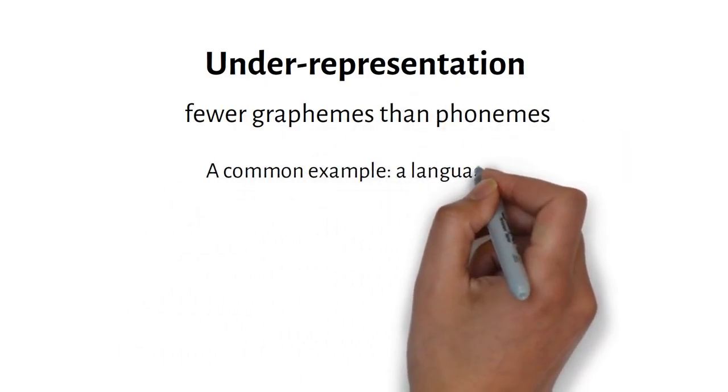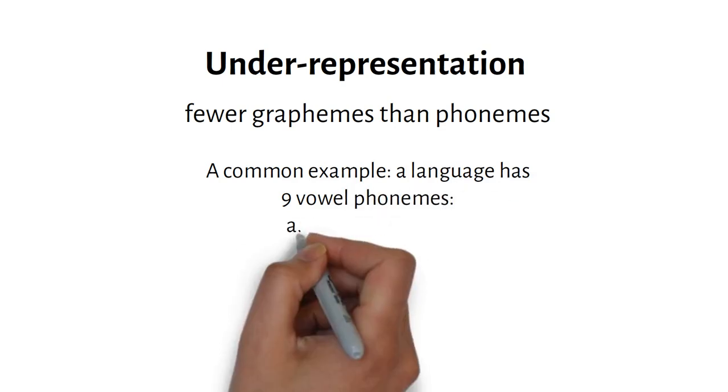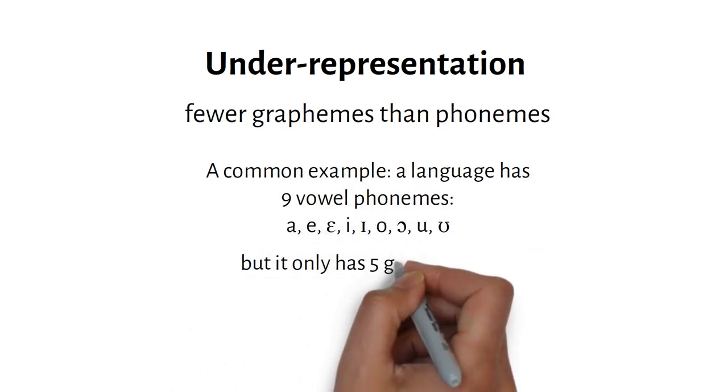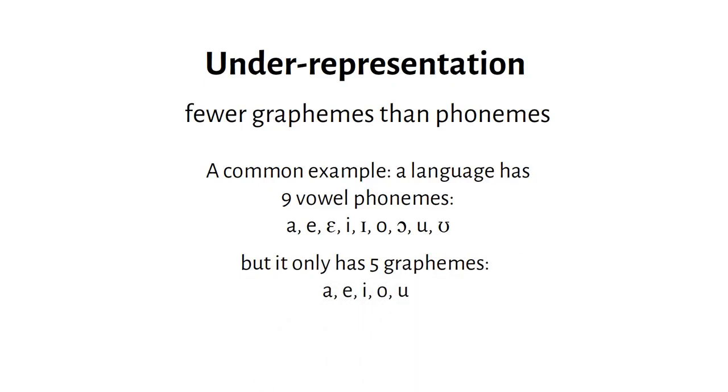One example is when a language has 9 vowel phonemes but only uses 5 graphemes to represent these. If so, it is much harder for readers to figure out what the text is saying, because they don't know if the symbol represents one sound or a different sound.